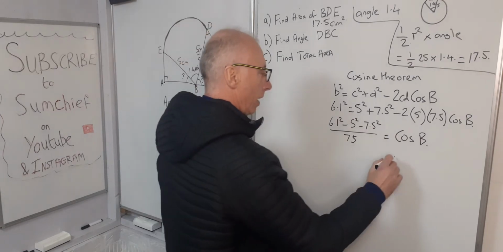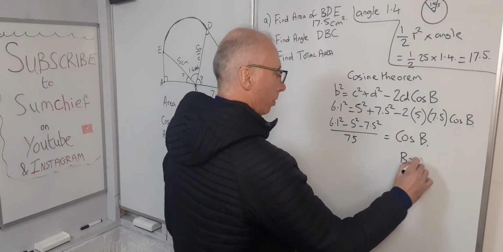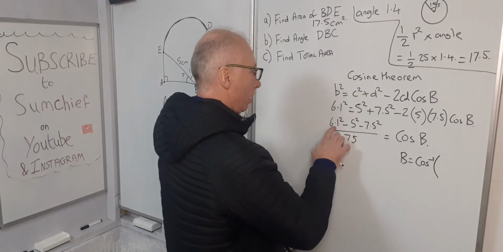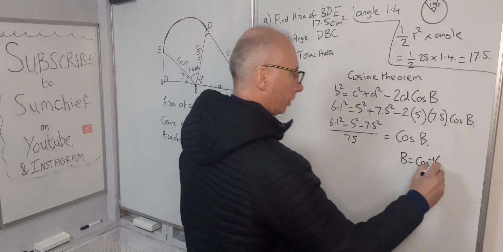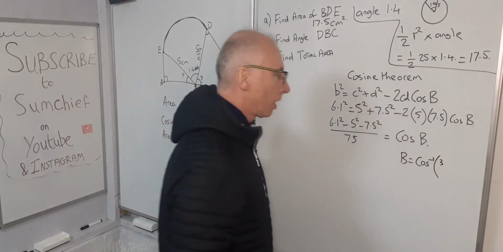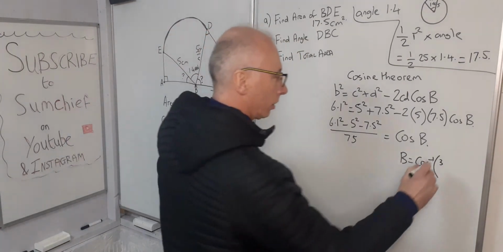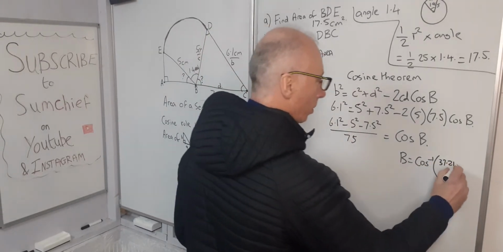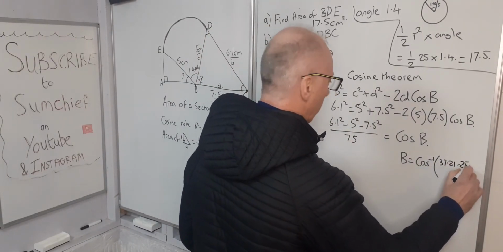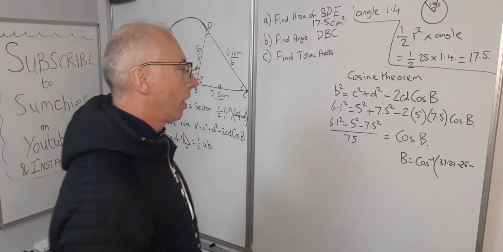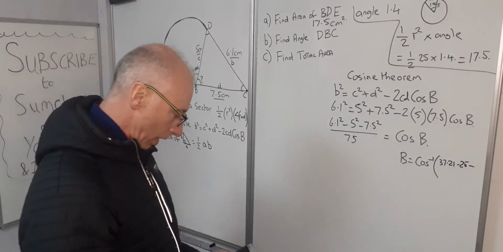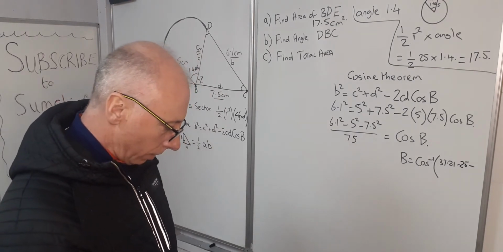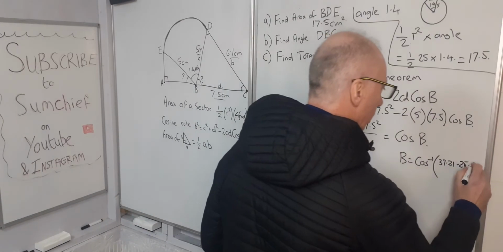Okay, so therefore B equals cosine inverse of 6.1 squared, that's 37.21, minus 25, 5 squared, minus 7.5 squared. So 7.5 squared, type that in our calculator, and we get 56.25.